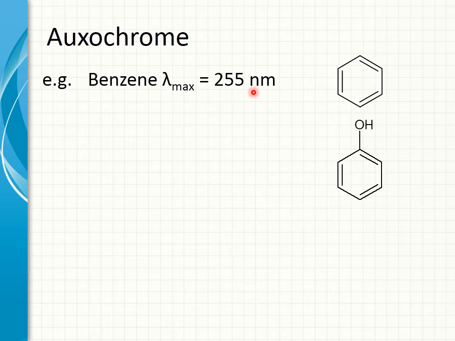But when benzene is modified by attaching a hydroxyl group here, it turns into phenol. So this hydroxyl group attached to benzene alters the absorbance characteristics of this benzene molecule, and the absorption maximum is at 270 nanometer, as opposed to benzene, which shows maximum absorbance at 255 nanometer.